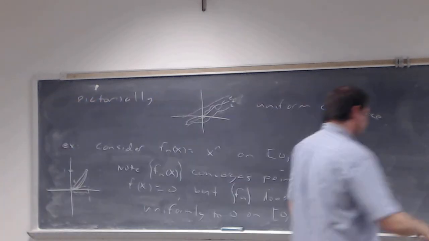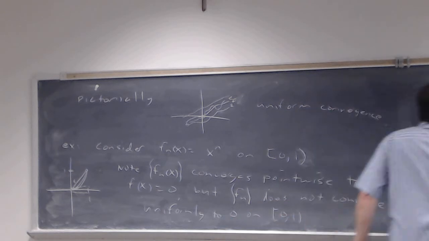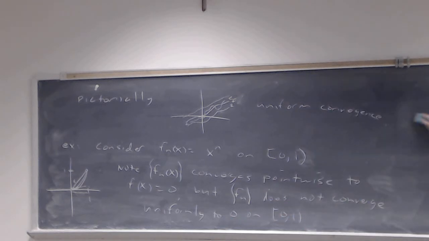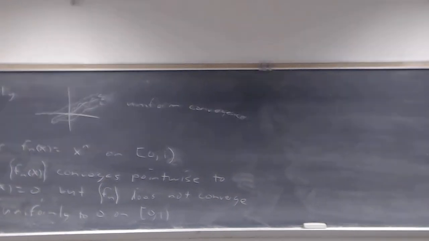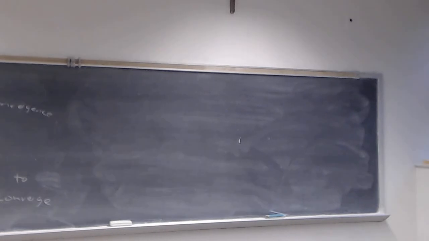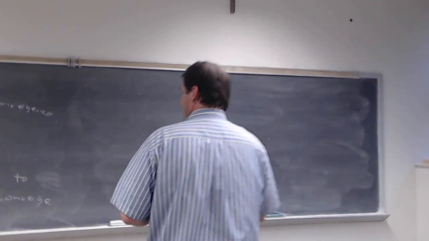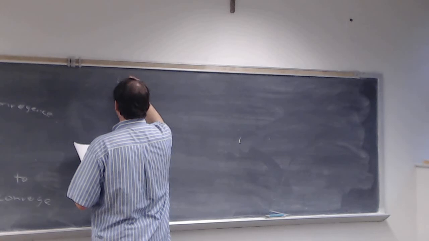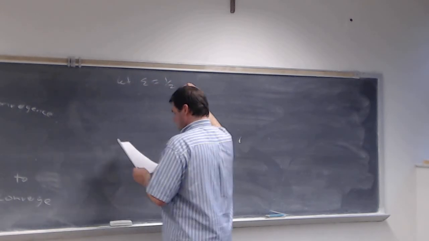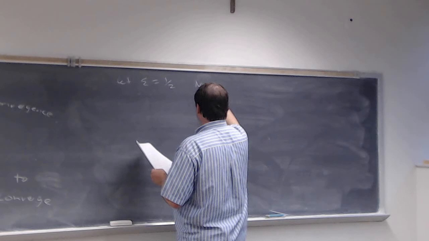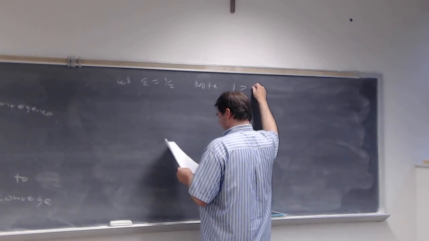To illustrate this with more details, so that this function does not converge uniformly to 0, we'll let epsilon be equal to 1/2.